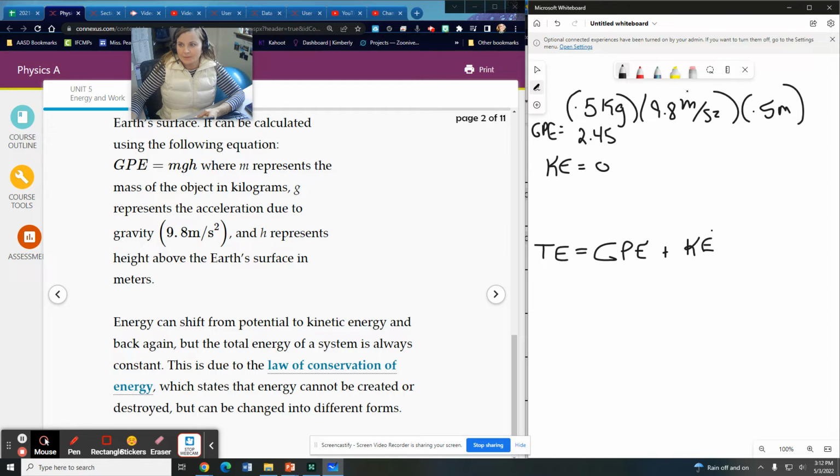And let's look at this. So meters are going to cancel, and we've got kilograms. Oops, my bad. Meters do not cancel. They're both on top. I was screwed up there.